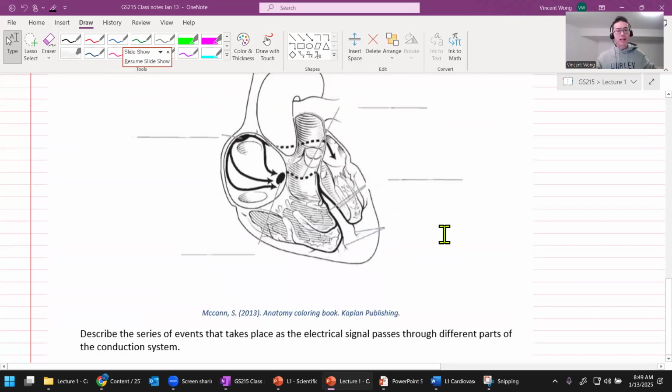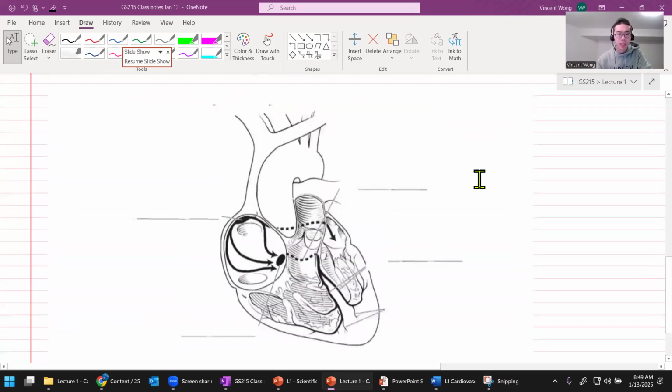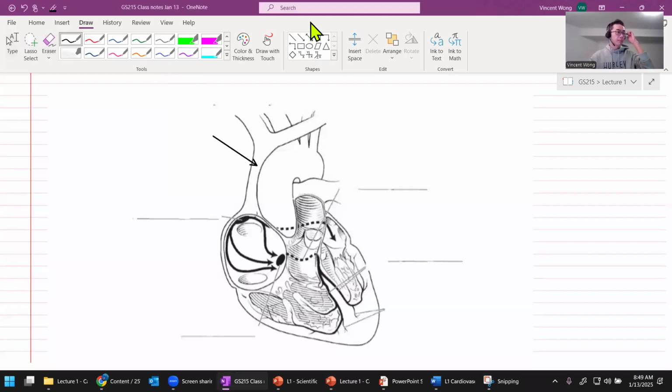Just to orient ourselves a little bit, so you're not completely lost. What is this structure here? Anybody? This thing right here. Yeah, that's right. This is the superior vena cava.